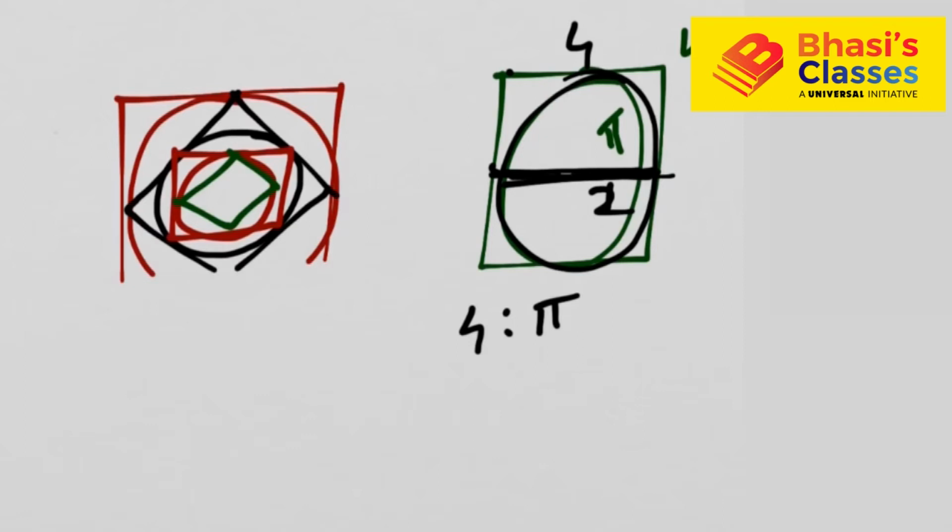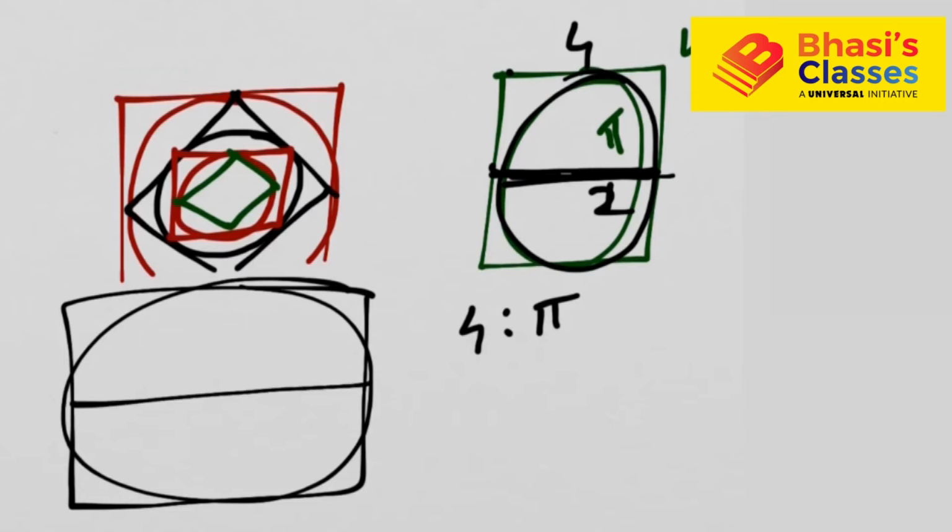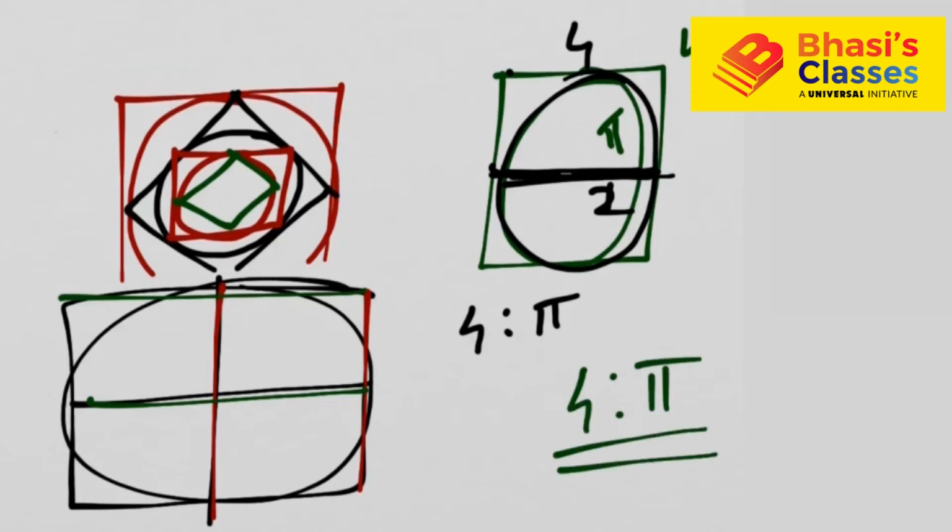You can make the square bigger, and similarly you need to change the circle also. If the circle is touching all 4 sides, the diameter and the side will be equal. So this and this will be equal, and this and this will be equal. Now every time they will maintain a ratio 4 is to pi. Then only this condition will be satisfied, touching all the 4 points, right?